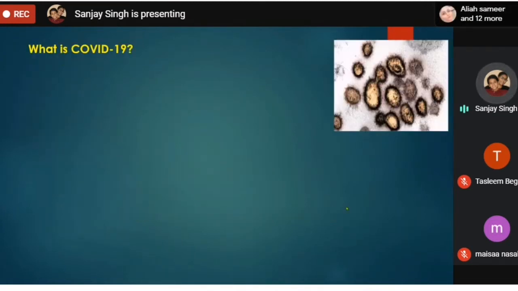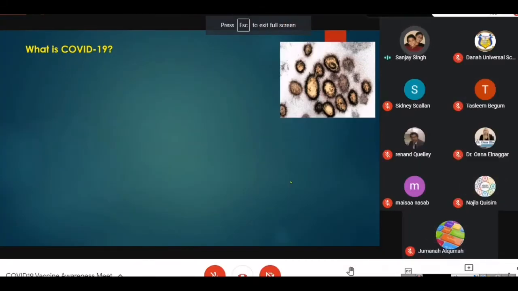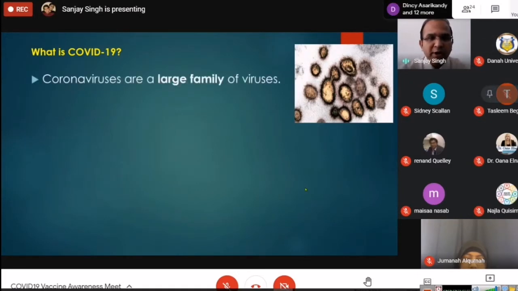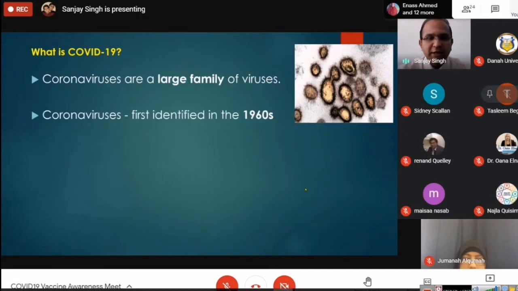So what is COVID-19? COVID-19 is a short form of coronavirus disease, which originated in 2019. Coronaviruses are a large family of viruses that were first identified in the 1960s.